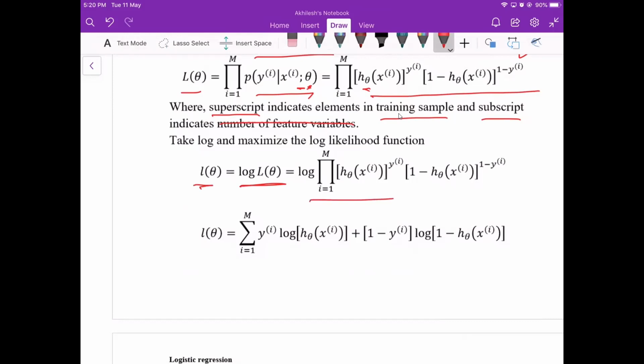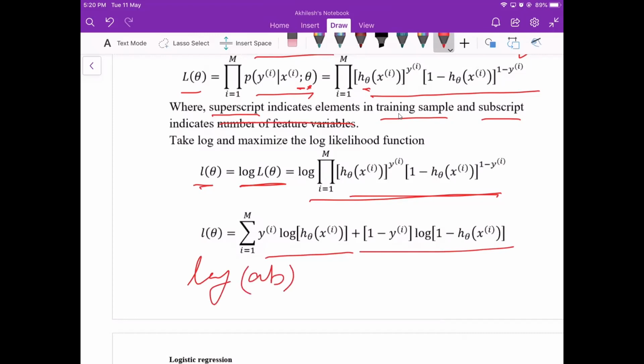When we take the log of this product, it becomes a summation, the sum of all those terms, because the log of a product a and b is equal to log a plus log b.